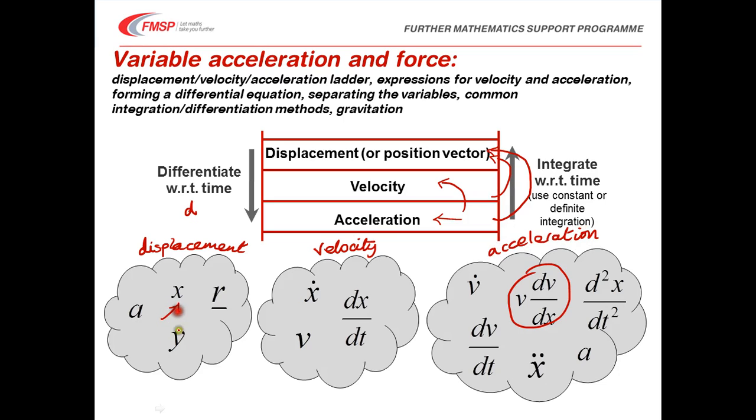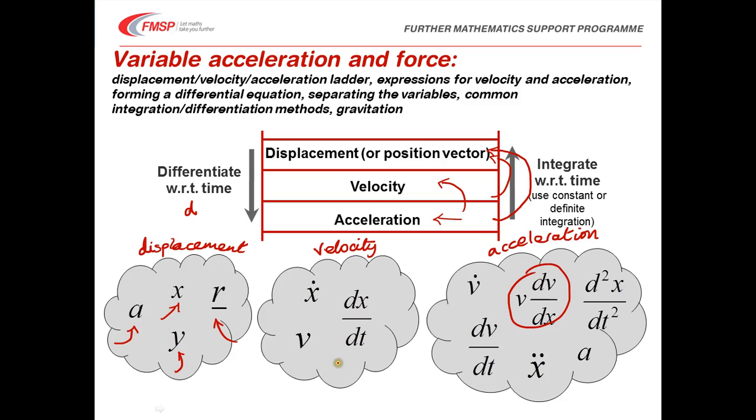We're very used to using x for displacement, also y is often used for displacement, and if you're dealing with vectors, r is often used for a displacement as well. I've included a in this first cloud here because a is often in mechanics used for a distance, as well as for an acceleration. We tend to reserve a for acceleration for where a is constant.